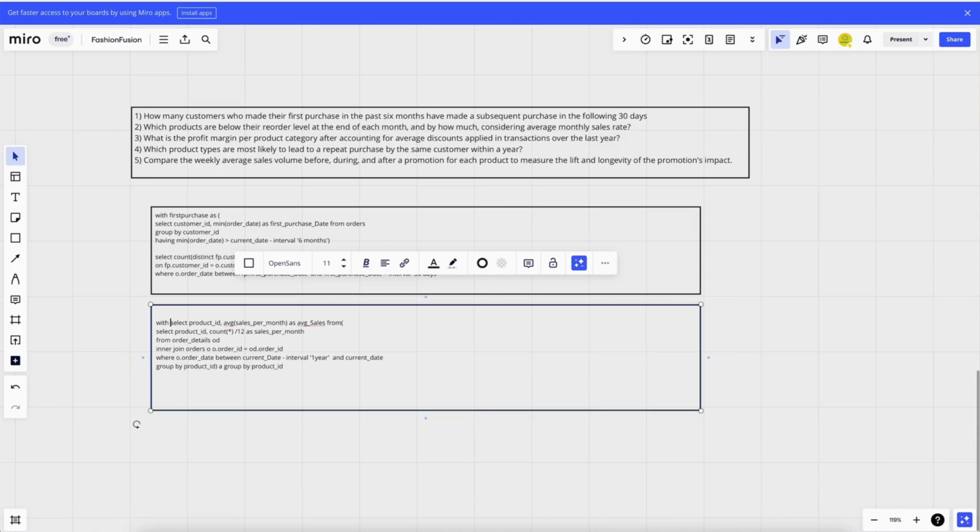I'll just keep this one as average sales. And now I need to join with the product table to retrieve the product ID. Select product ID from product table.